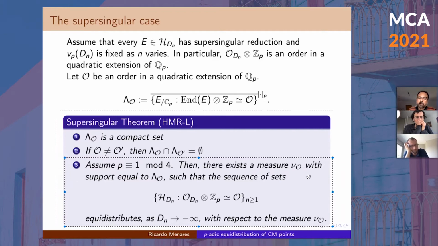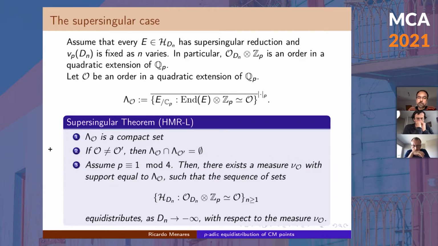Then there exists a measure that we call mu O, with support equal to this lambda O, such that the sequence of sets HDN, subject to the condition that ODN completed at P is, for P fixed, isomorphic to O, equidistributes as DN goes to minus infinity with respect to this measure mu O.